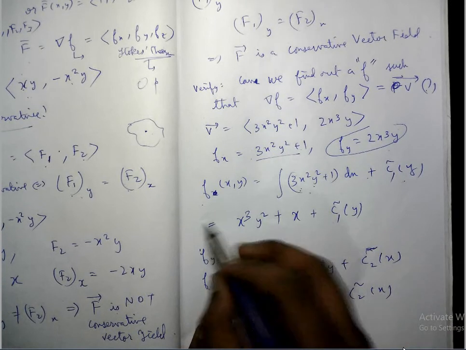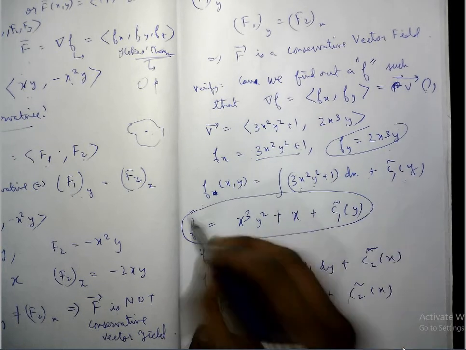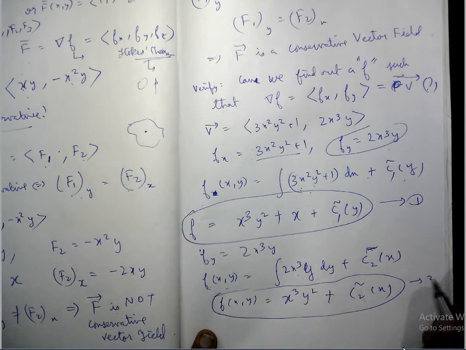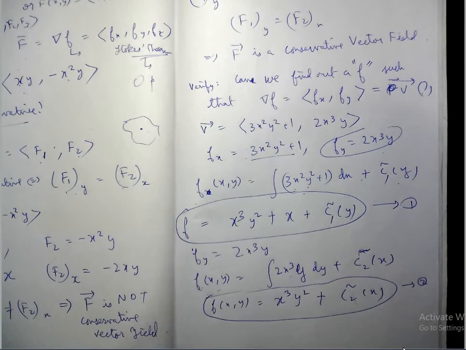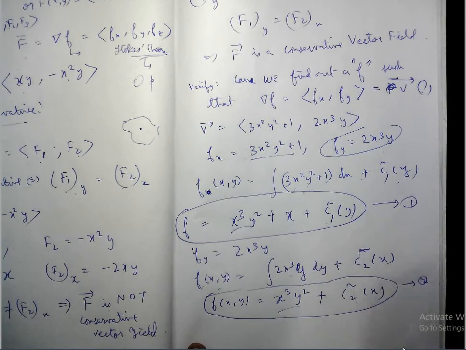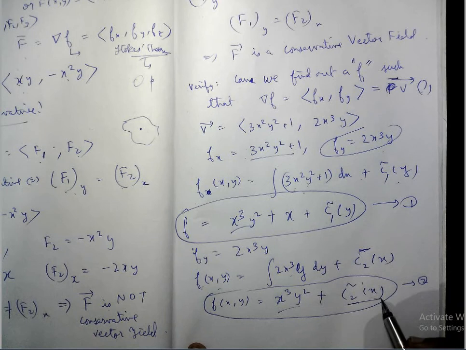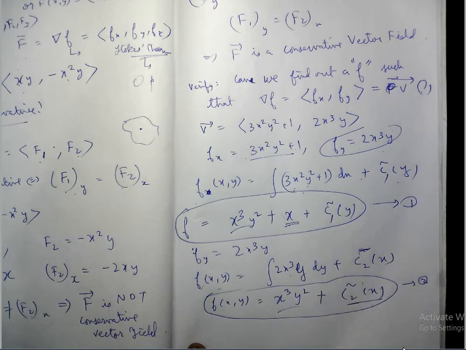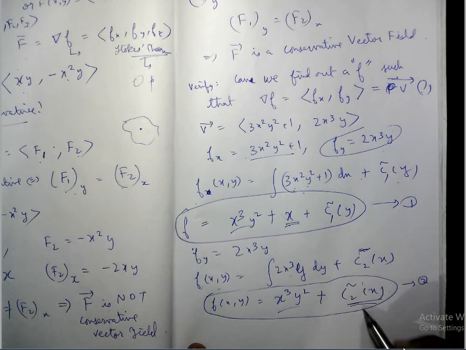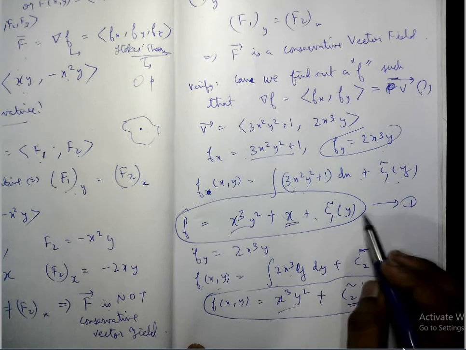You want to compare this equation and this equation. You just need to compare them, don't add them, subtract them or anything. As you can see, these terms are matching, and this function of only x, c2 tilde, has to be equal to x, because there is no x here but there is an x here, and since both are equal to f, and since there is no function of y here, c1 tilde has to be equal to 0.